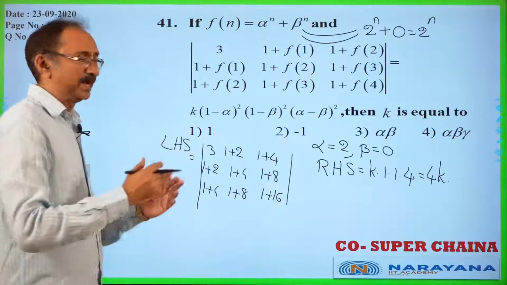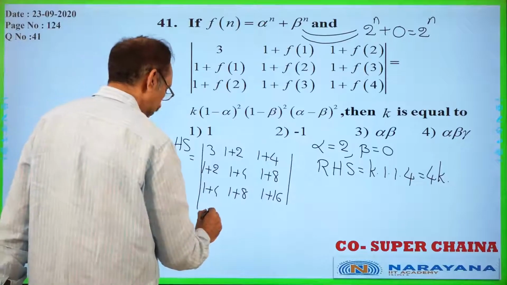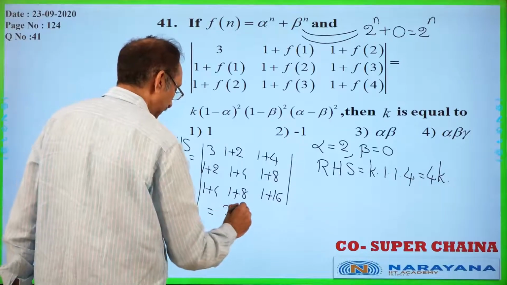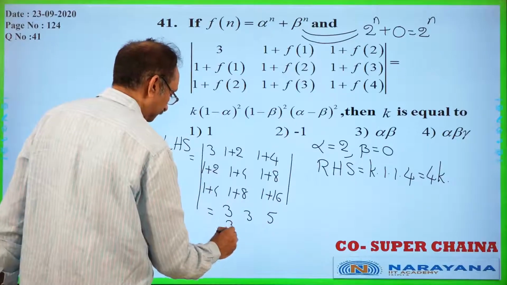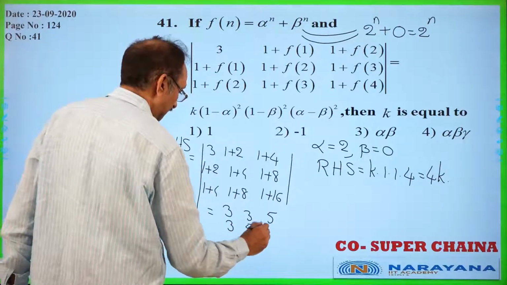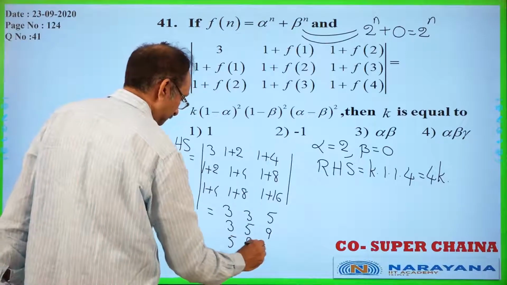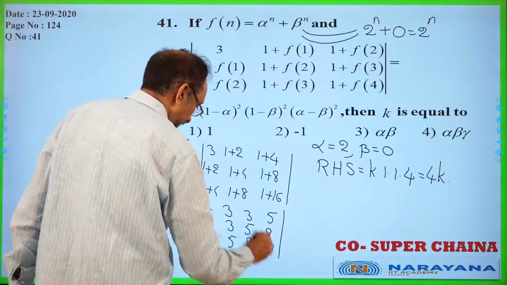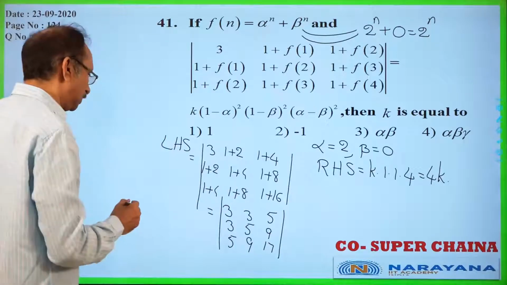So by expanding this, I will get the value. So what is this value? So this is equal to 3, 5, 9, 5, 9, 17. And I will reduce the values of the elements.